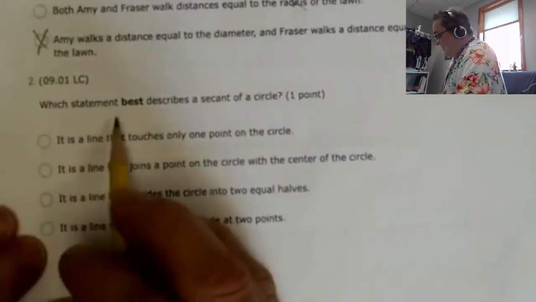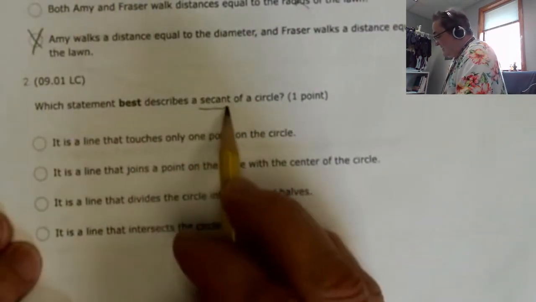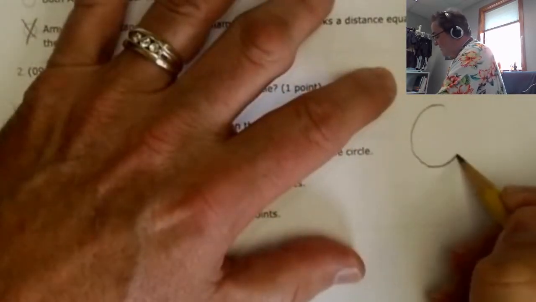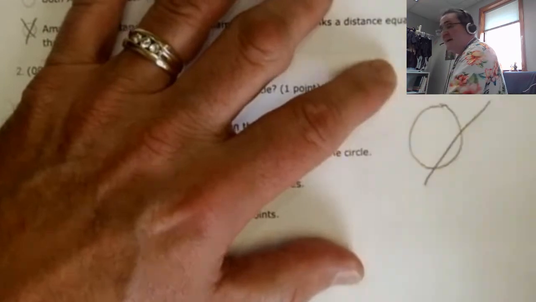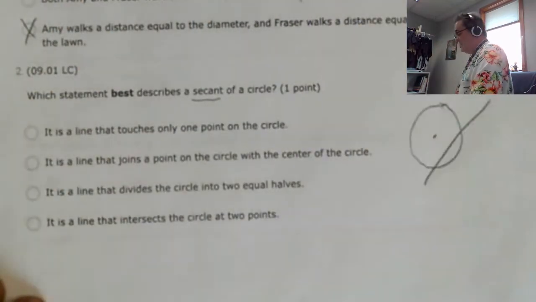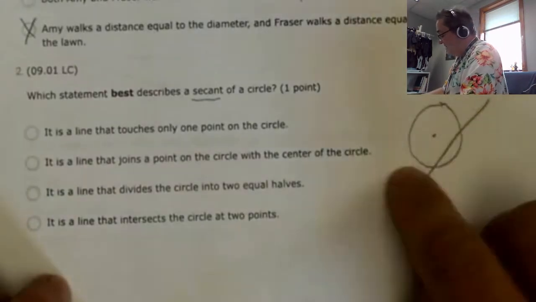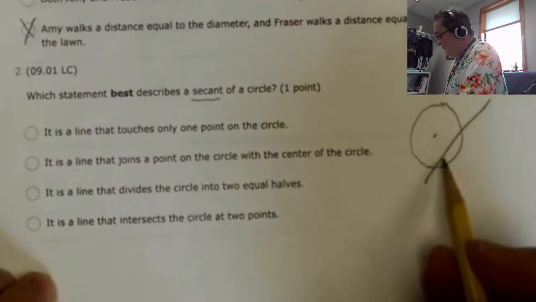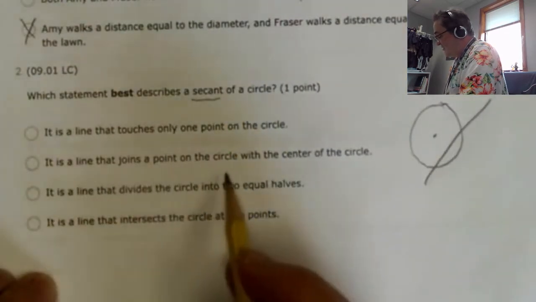All right, which statement best describes a secant of a circle? Okay, so when we have a circle and we have a secant line, it's a line that just cuts through it somewhere. It does not necessarily go through the center. That would be a diameter if it did, but it's just a line. So it's a line that touches only one point? No. It's a line that joins a point on the circle with the center?